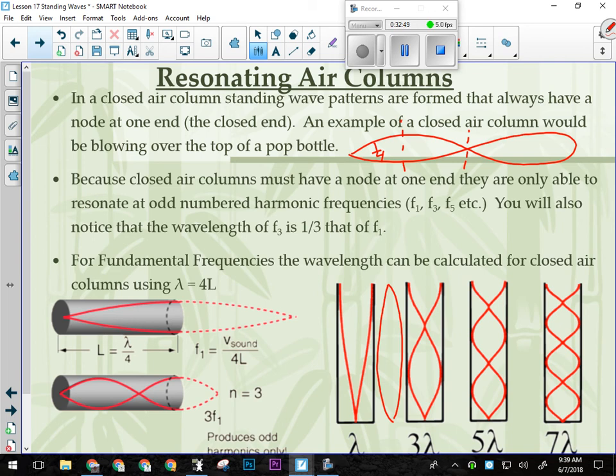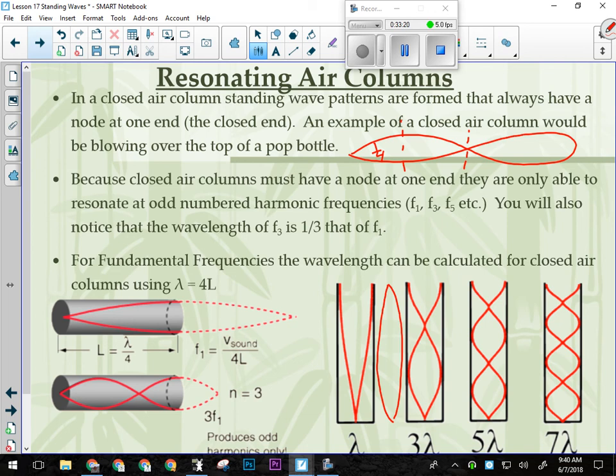What's at the top? Instead of an antinode, it's now a node. What kind of interference happens at a node? Destructive. Okay, so if the air at the end of the tube isn't moving, what do I hear? Nothing. All right. The problem with closed air columns is they resonate at a lower range of frequencies than an open air column, which is why most musical instruments are an open air column. They resonate at a much wider range of frequencies.